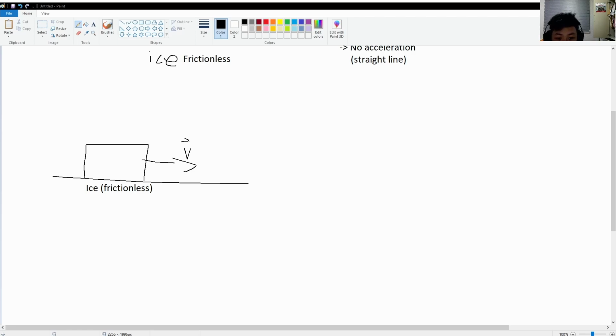Are there forces acting on that stone? Yes. So now we're going to draw the free body diagram. There is a normal force going upwards, because the object is in contact with the ice.